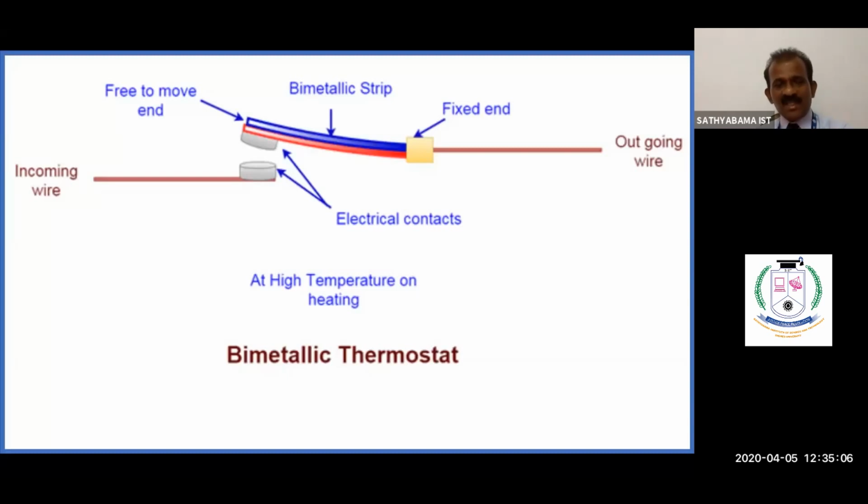Then, if the temperature increases, we get bending like a cantilever. The reason is one end is fixed and the other end is free. In the bent position, we can't get contact. At that time, the circuit is cut off, so we can control the current flowing through this circuit with the help of the temperature.